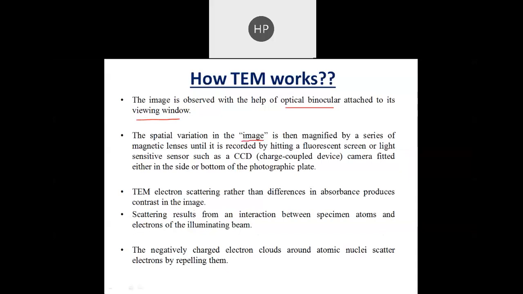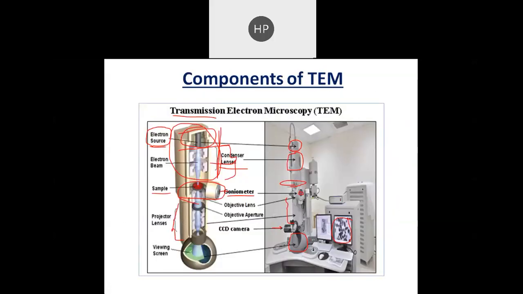TEM electron scattering, rather than differences in absorbance, produces contrast in the image. Okay, so there are some dark fields and some light fields. If you see in this image, there are some dark spots and the remaining is light.